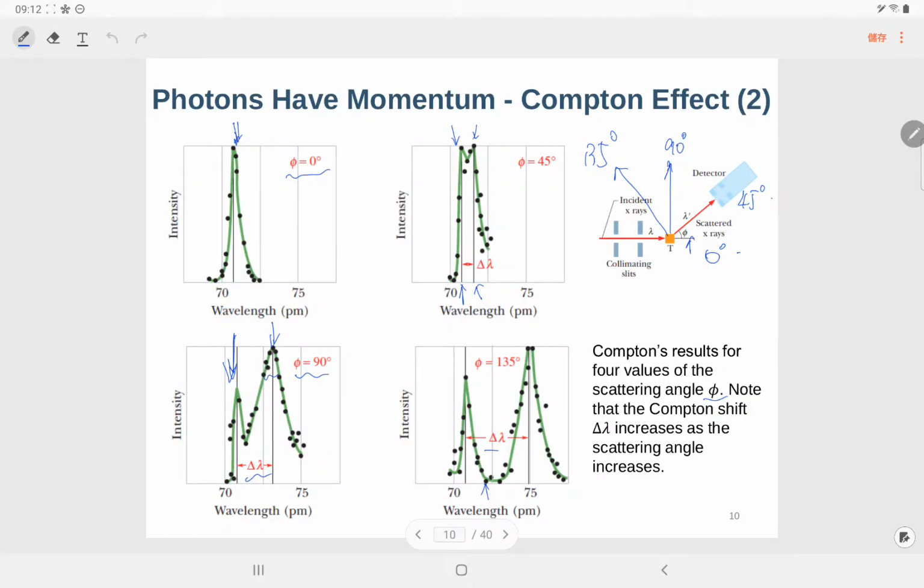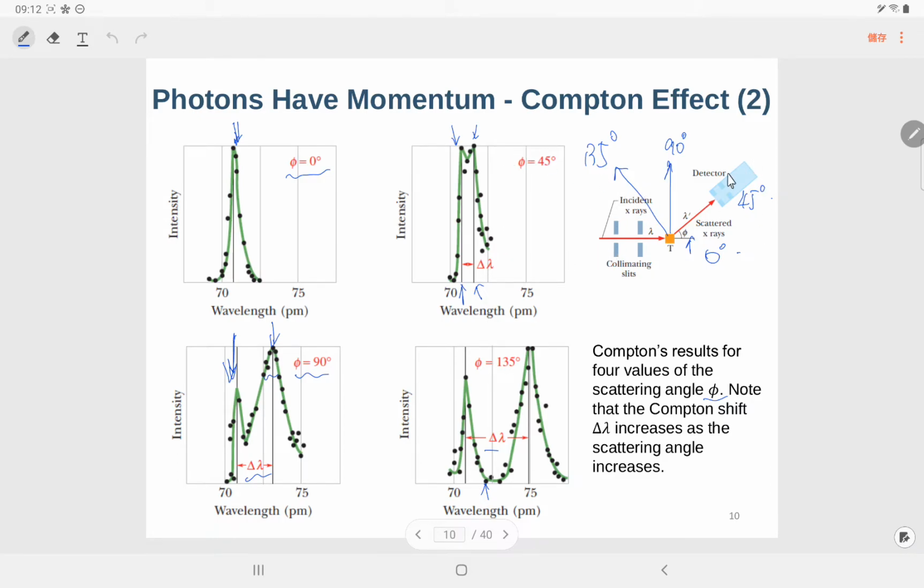Last time we introduced this graph. You can imagine if phi is 0 degrees, you can only observe one peak here, which means the wavelength or the frequency of the input X-ray doesn't change.